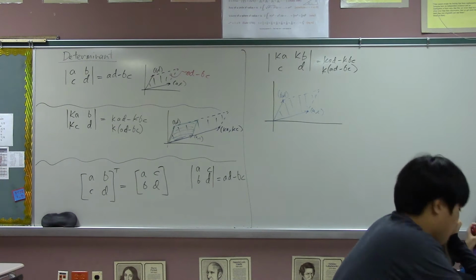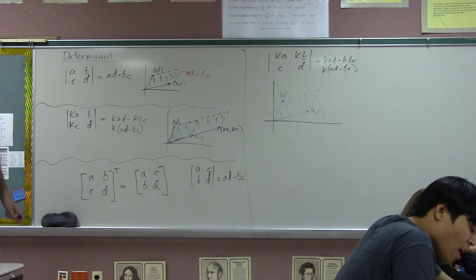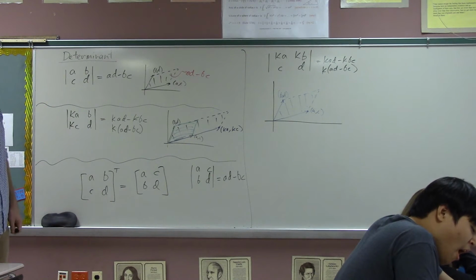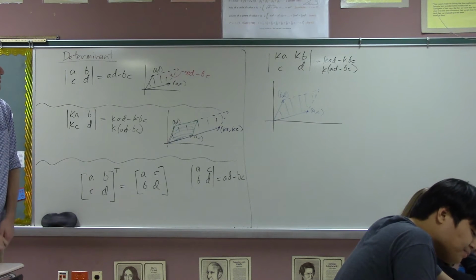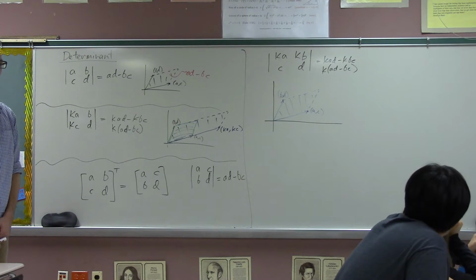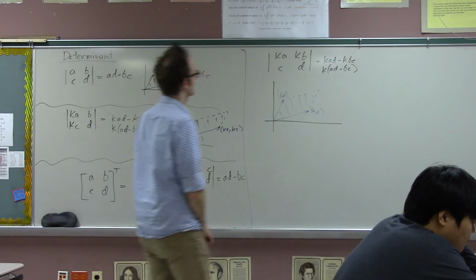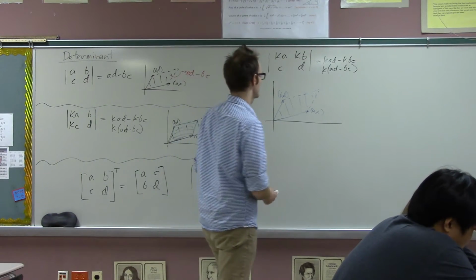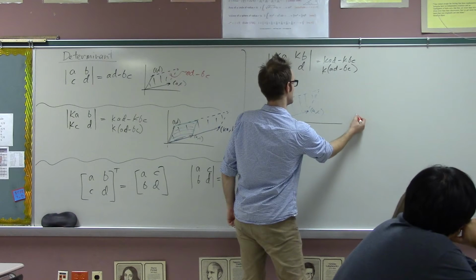Those are the original vectors, and that's my original parallelogram. Now I'm supposed to graph KAC comma KBD. Did you guys do that? It's kind of weird, right? If K is 2 or something, then I go here.